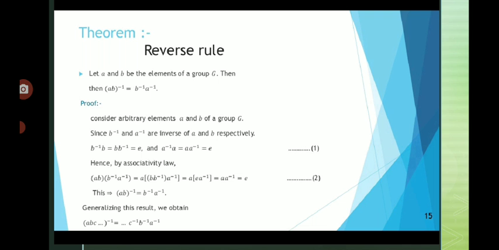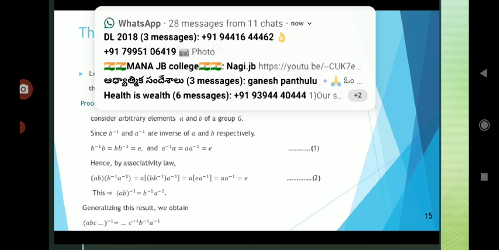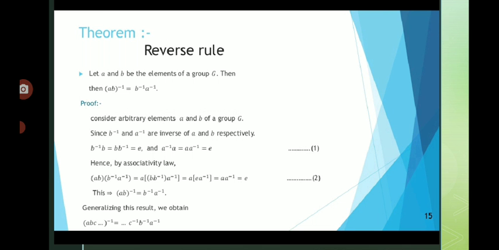And then our statement is AB whole inverse. Here AB is an element, and its inverse element is B inverse A inverse. So we take AB into B inverse A inverse. Using the associative property, A into BB inverse A inverse.